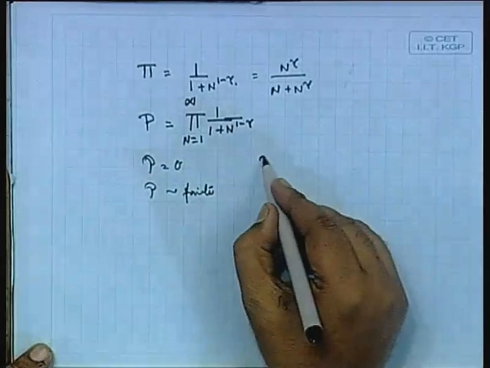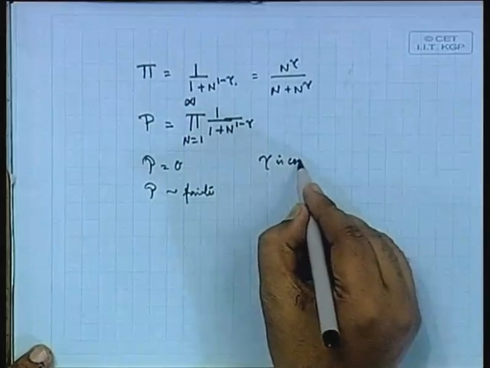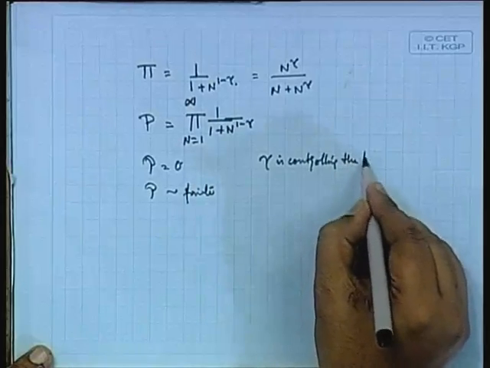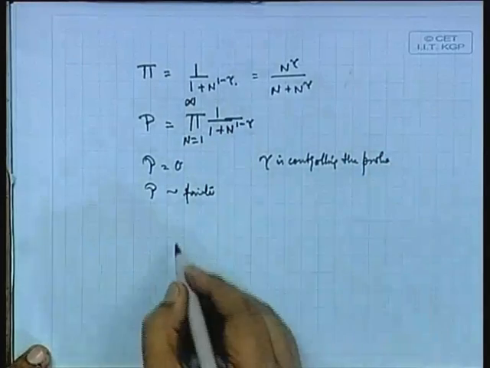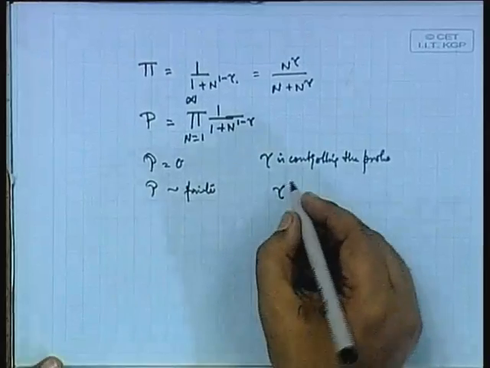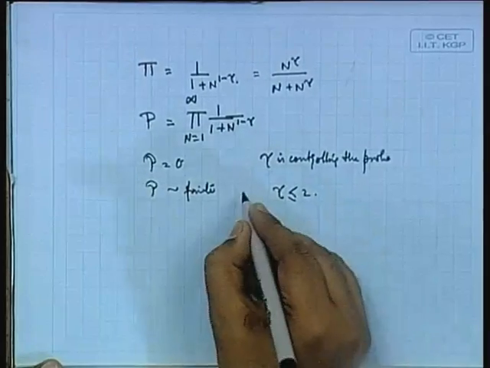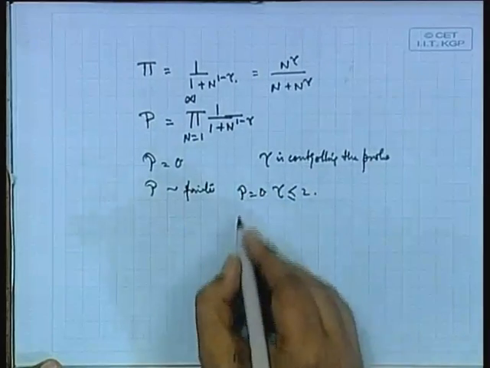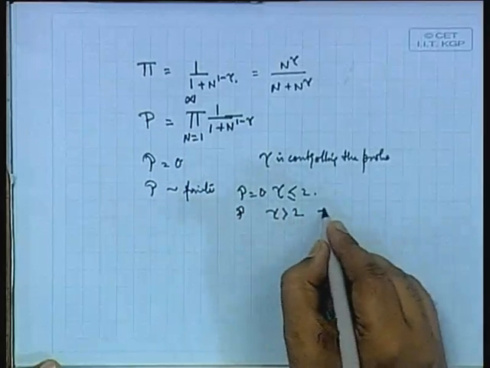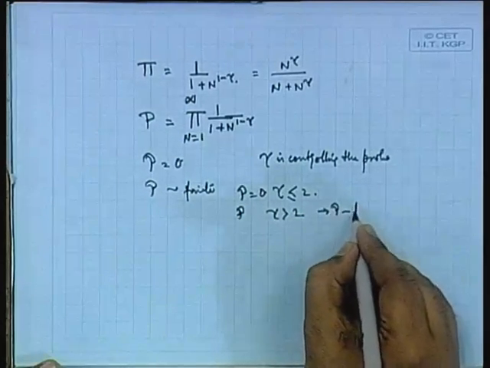Gamma. Gamma is controlling the probability. So we can show that if gamma is less than 2, then probability is equal to 0, while if gamma is greater than 2, then probability is finite.